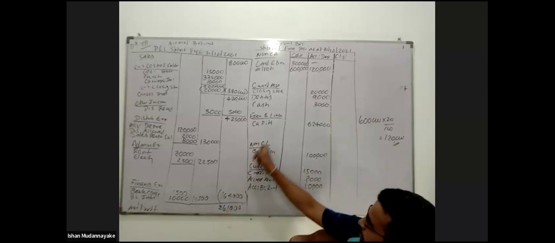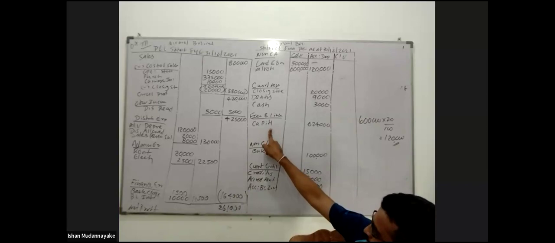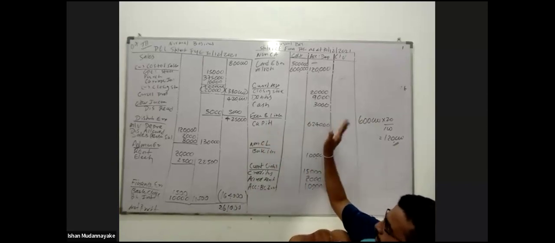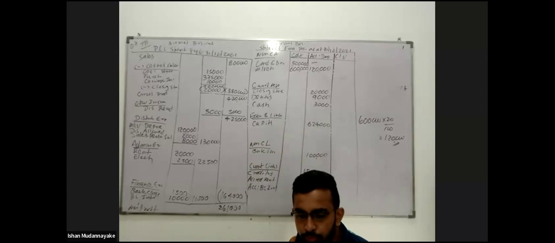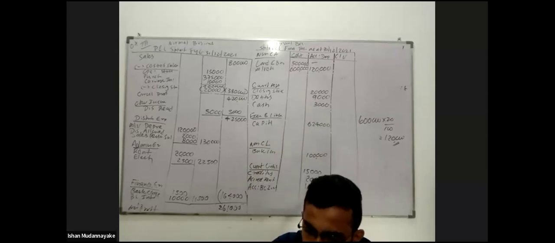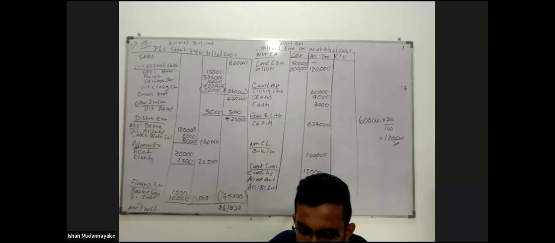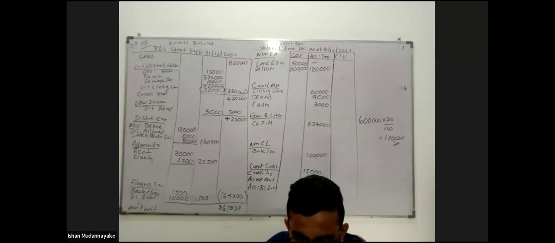Profit is transferred to the equity. Here, net profit, and then balance the question. Get the closing balance of the statement of financial position. How much is the balance of the statement of financial position? 1,012,000.